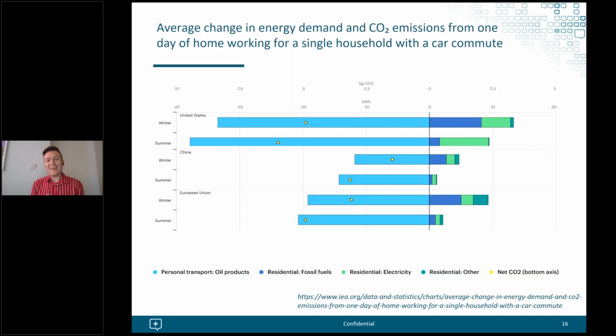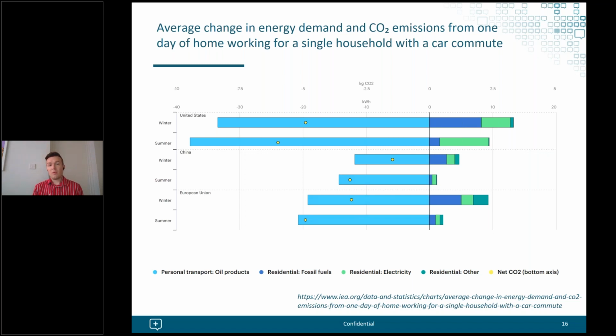So what it's saying is that obviously as a result of your member of staff working from home, they're going to be using more energy in their house. And so that's our increase in emissions from using energy at home, but they're reducing their emissions by not commuting to work. And so in this example, we end up with a net reduction in terms of the emissions in each of these examples from that person working from home.